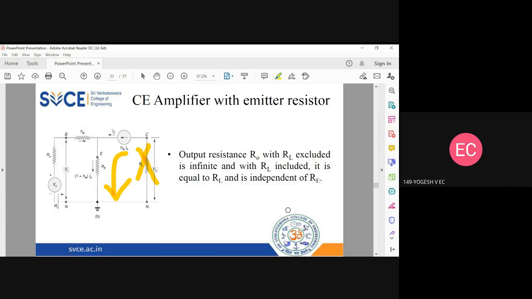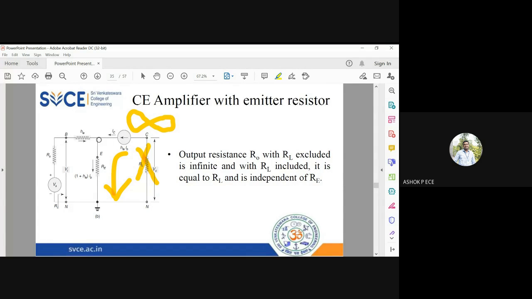Sir, we have RE. Only RE? You have a current source. I told you what is the resistance of current source. I told you in the last class, right? It is infinite.